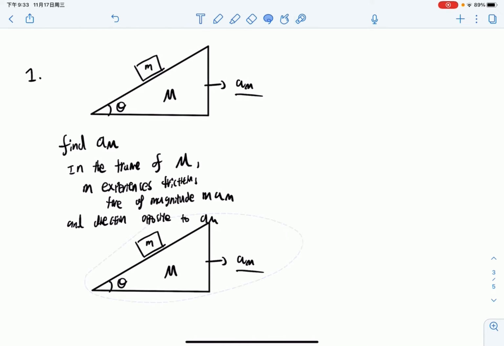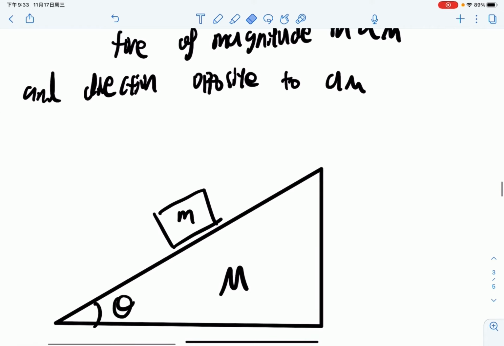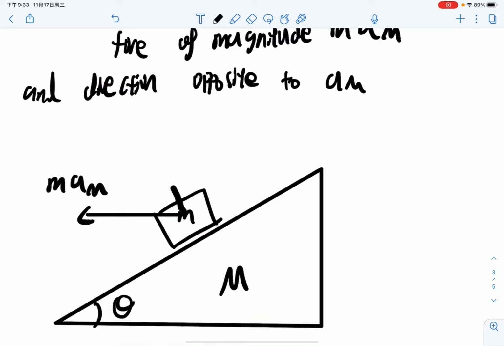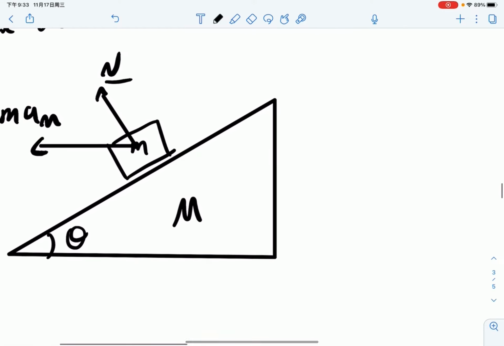So now, just let me copy paste. We can erase this stuff. And this is just going to be m, a big M, and here is tension. No, here's normal force. And here is mg.